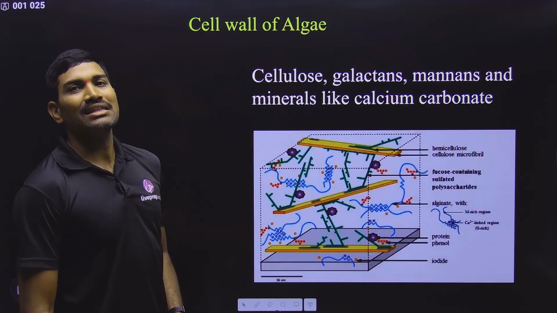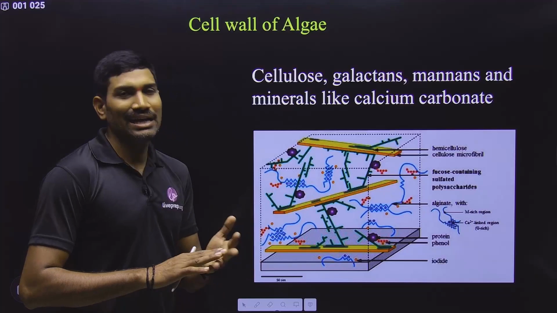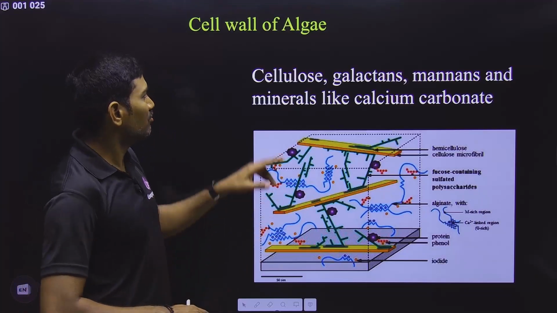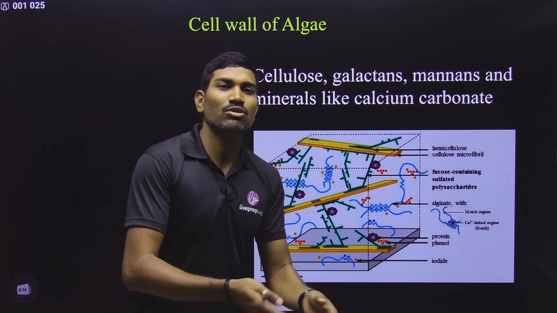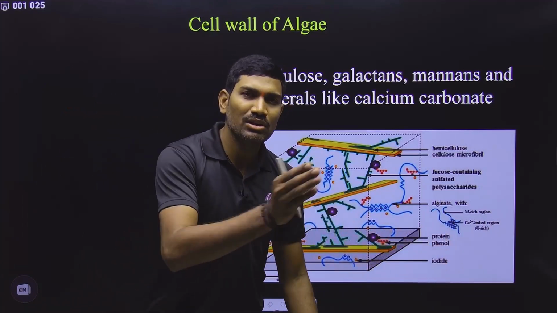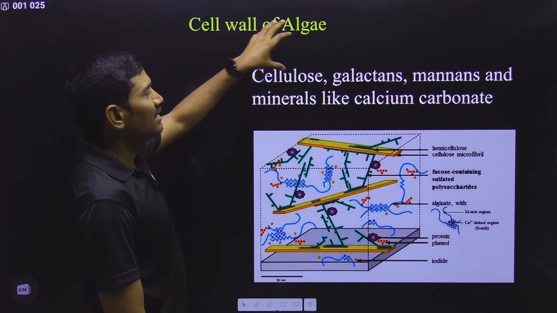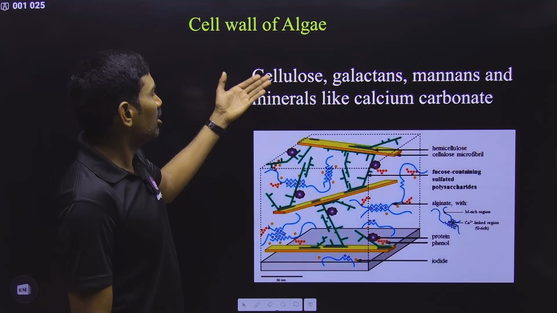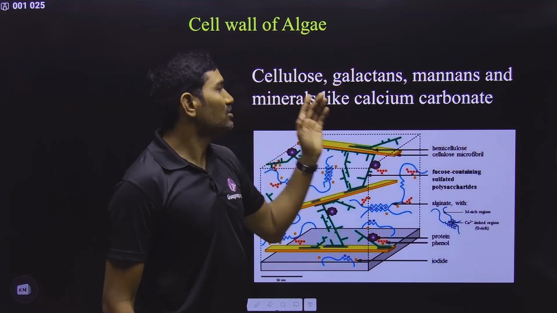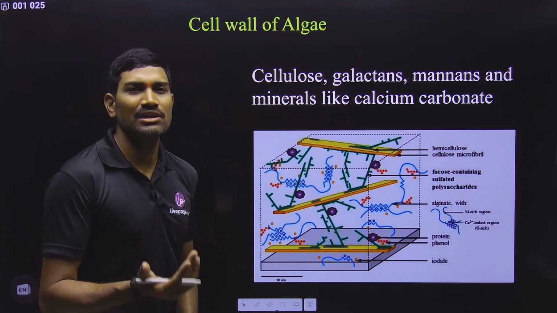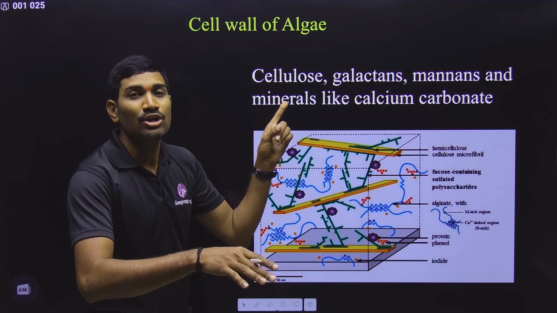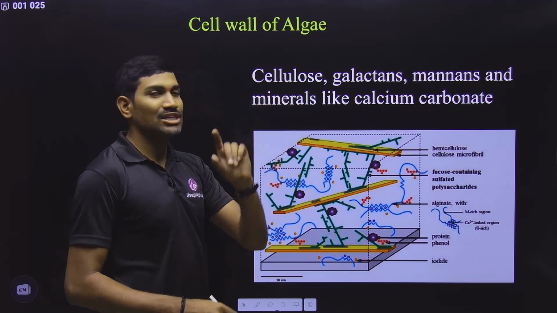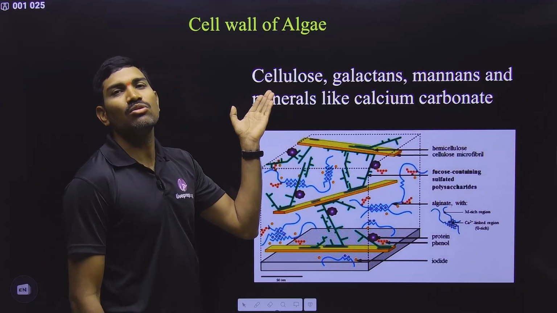And next one is regarding the algae. Algae and higher plants we study separately, but whatever it is, the major component will be cellulose only. But along with the cellulose, what are the other components? That also they have mentioned in NCERT. In the case of cell wall of algae, along with the cellulose, galactans, mannans. First we will talk about the cellulose. What is cellulose? It is also a polysaccharide. It is also a homopolysaccharide. So in this case, what is the repeating unit? It is glucose.